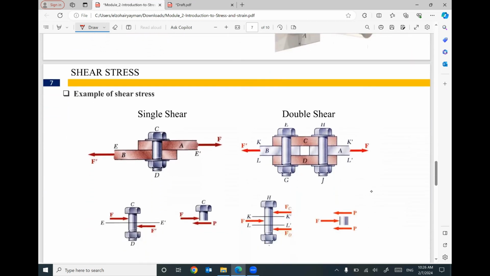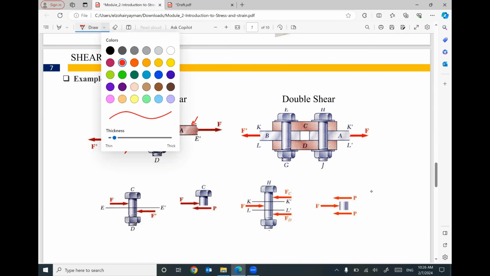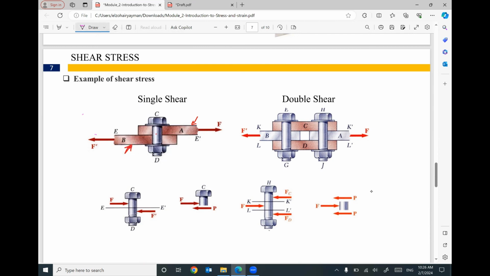We have different examples of shear stress, like these bolts. If we have a bolt connecting two plates, due to the applied forces on this plate, this force and this force, we expect shearing in this bolt. Sometimes we have single shear, like this case. Sometimes we have double shear.